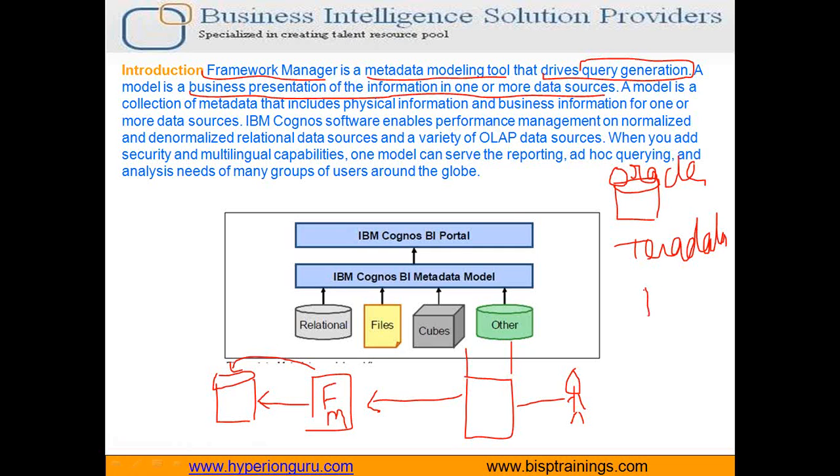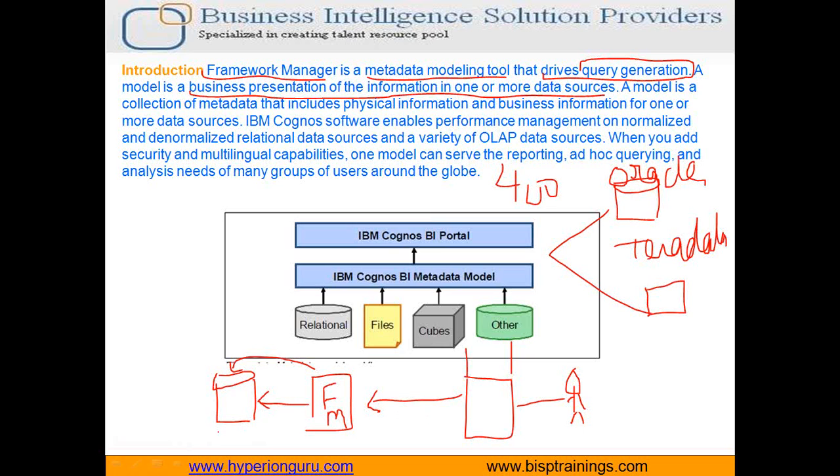But the major hurdle is that I have 400 corporate reports, accessed by your executives, CEO, CFO, and all those people. We cannot discard all the reports and recreate them. It is highly unrealistic. So we design our Framework Manager smartly.